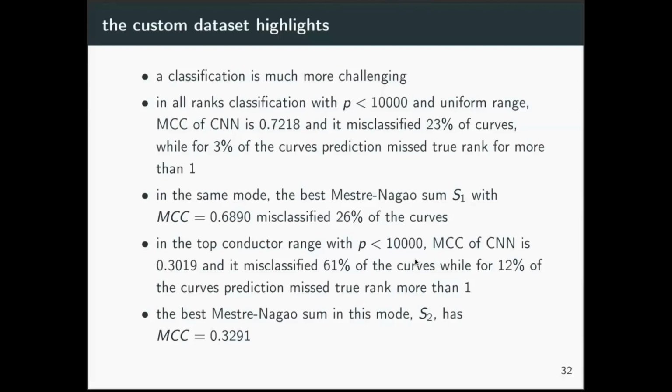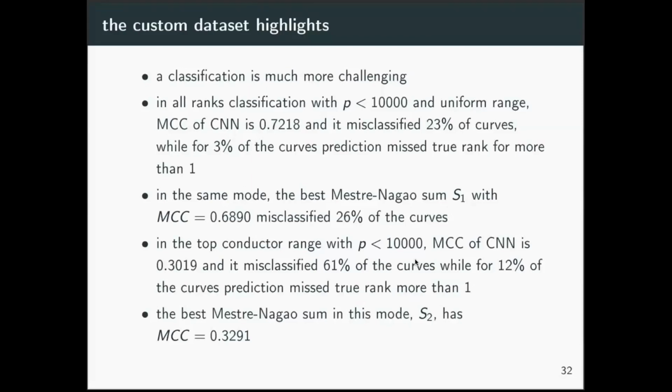In the same mode, the Mestre-Nagao sum S1 misclassified 26% of the curves. In the top conductor range, these numbers are much smaller. Here the CNN misclassified 61% of the curves, while for 12% of the curves, the prediction missed the true rank by more than one.